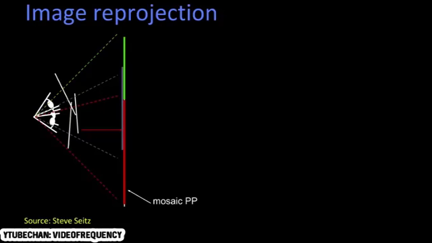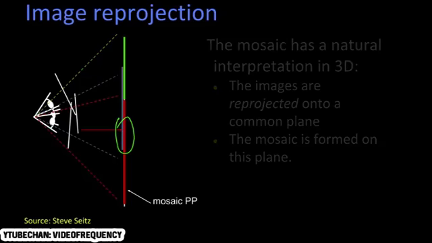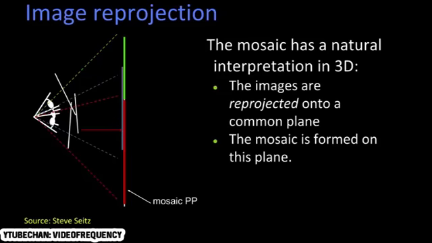And of course there is some overlap, which is actually a good thing, because in order to figure this out, you're going to need overlap. But you're also going to have to figure out, A, how to transform these images, and B, how to blend them. So this way of thinking of mosaics is that these are images that are reprojected on a common plane, and the mosaic is formed on that plane.